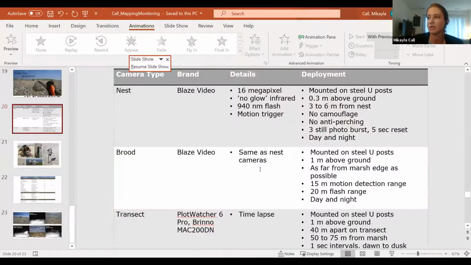So we used a combination of cameras. The Nest cameras were all from Blaze Video, as well as the Brood cameras. The Transect cameras were Plot Watcher 6 Pro, which I don't think are made anymore, and Brino cameras. And a lot of the failure was because they were on a combination of solar power and battery. And so we found that the solar power was not working as expected in some cases.